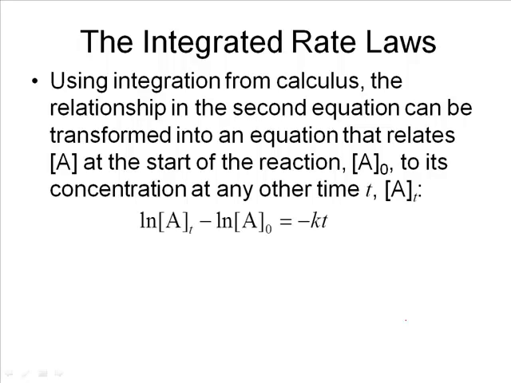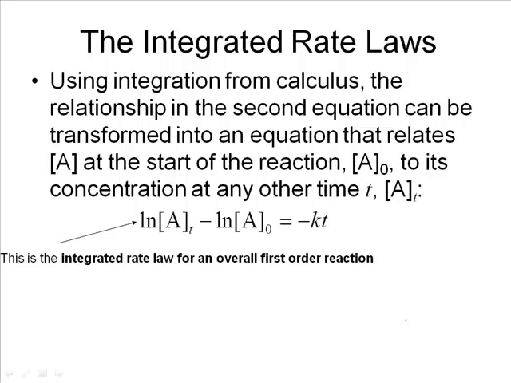And the equation looks like that. Again, it doesn't matter how we came across that. What's important is that is the equation. So this is what is called the integrated rate law for a first order reaction. This equation you can only use when it is a first order reaction. If it's second order or third order, you cannot use it.